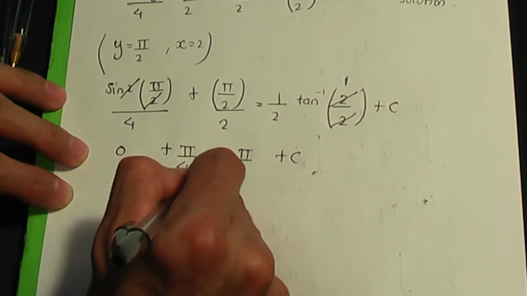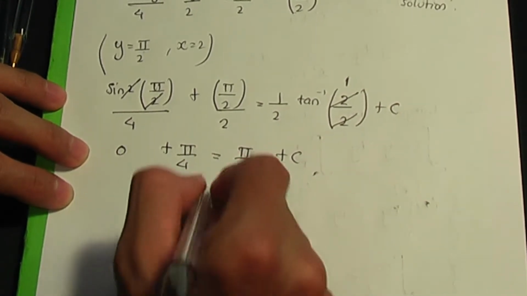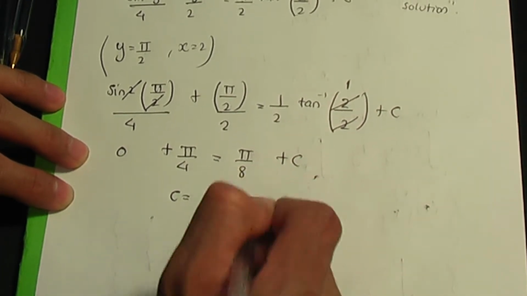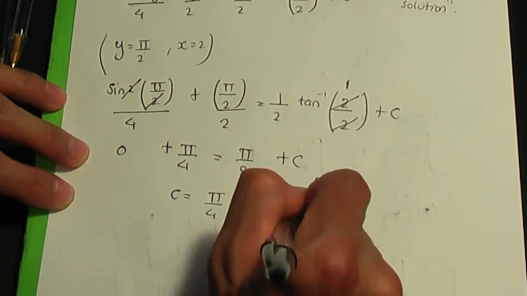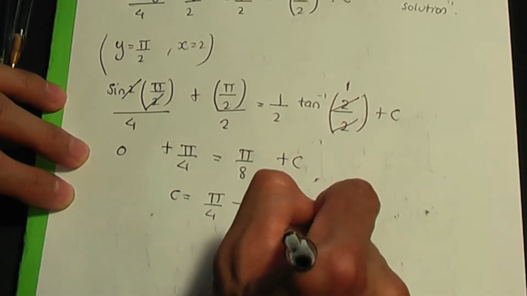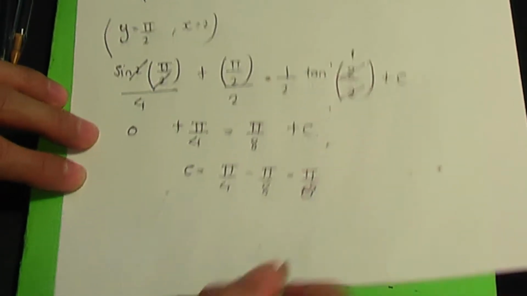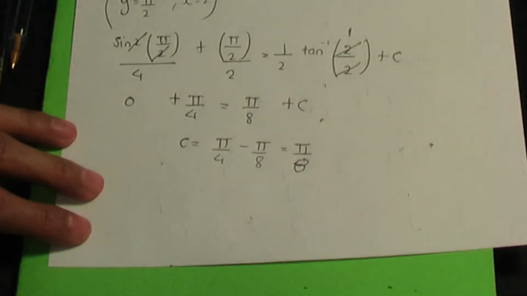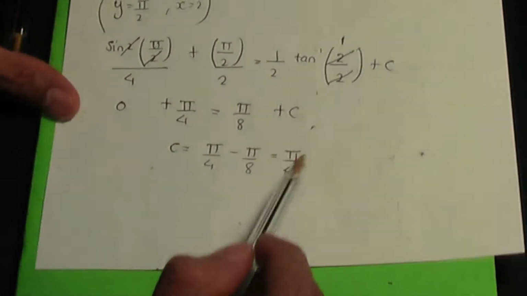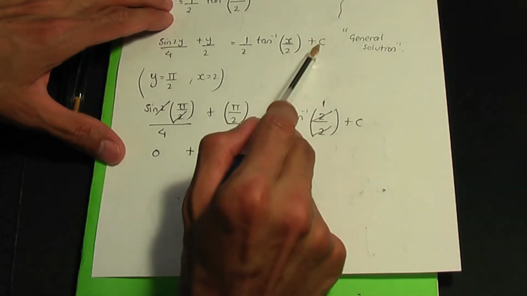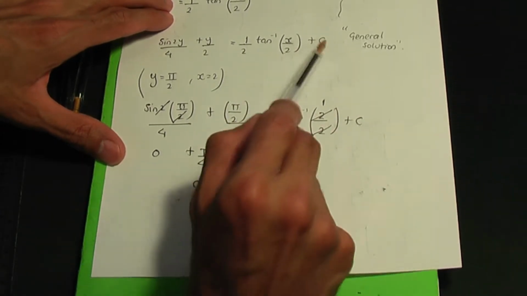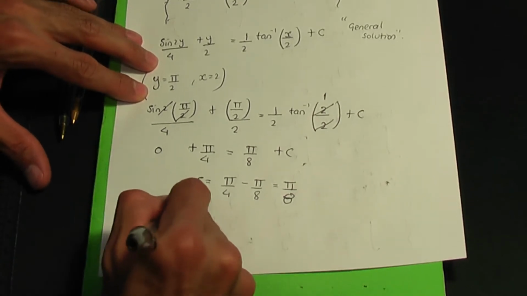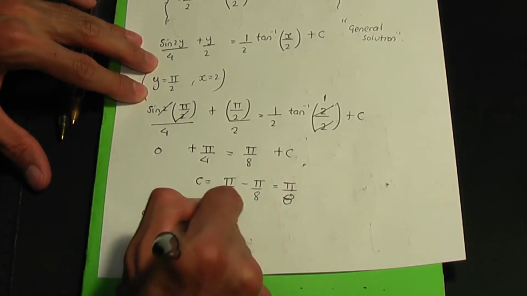And when you rearrange this, c will therefore be pi over 4 minus pi over 8, which is pi over 8. So let me put the c value being pi over 8 back into this general solution to give us the particular solution.